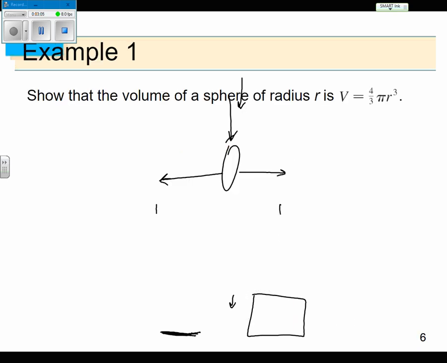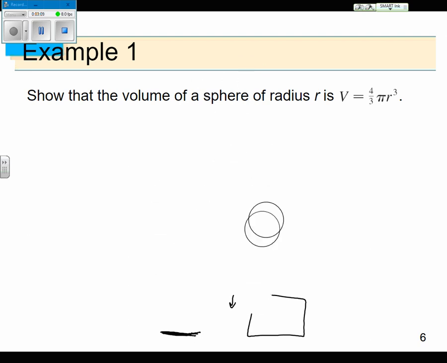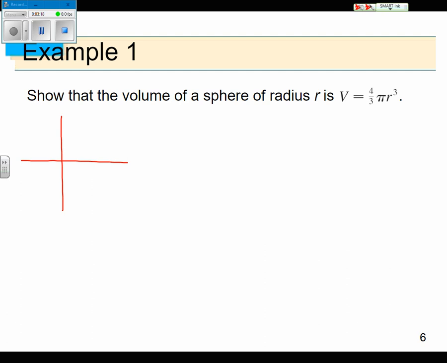All right, so you've always been told that the volume of a sphere is 4/3 pi r cubed. Finally, here at the end of calculus, I'm ready to show you why. I'm going to put a 3D object on a two-dimensional plane because that's the best I can draw. I'm supposed to put dotted lines somewhere. I'm sure that would help.